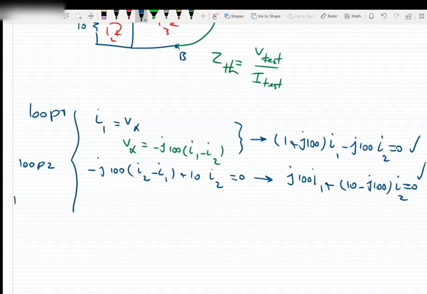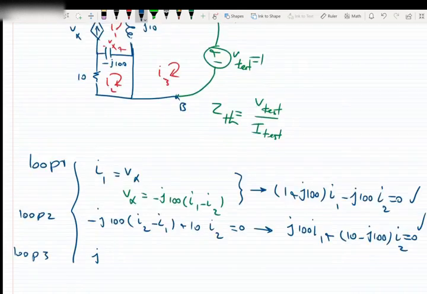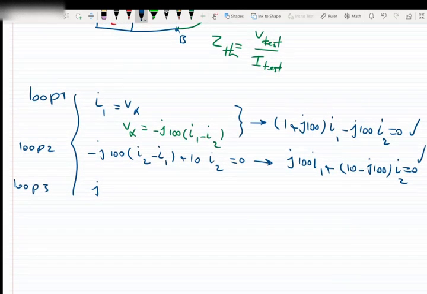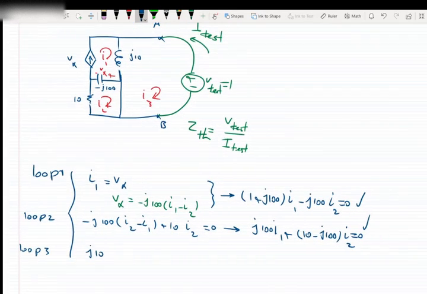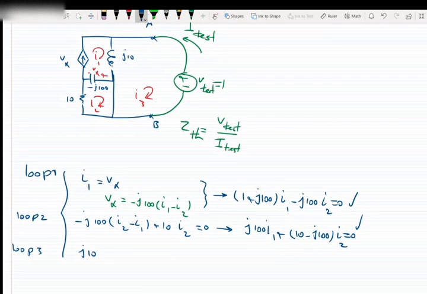The third equation is coming from loop 3. We can say J10 times I3 minus I1 is equal to negative 1 with the angle of 0.